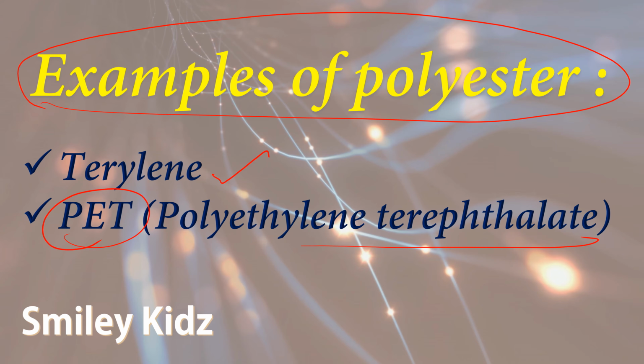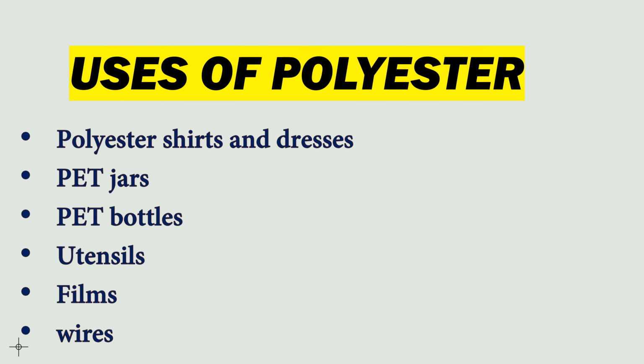PET is a very familiar form of polyester. It is used for making bottles, utensils, wires and many other useful products. So the uses of polyester are polyester shirts and dresses, PET jars, PET bottles, utensils, films and wires.